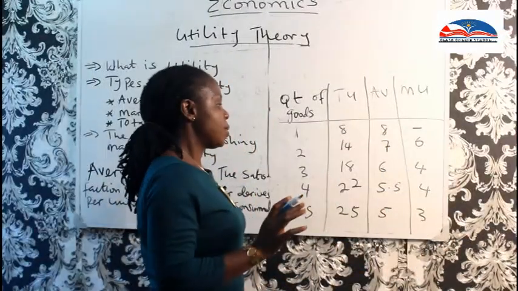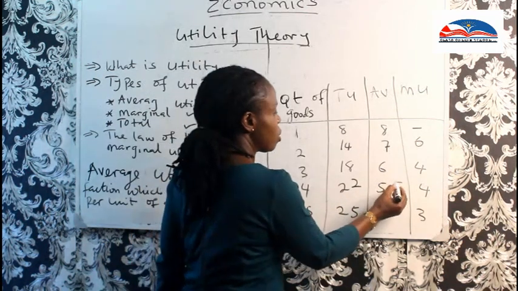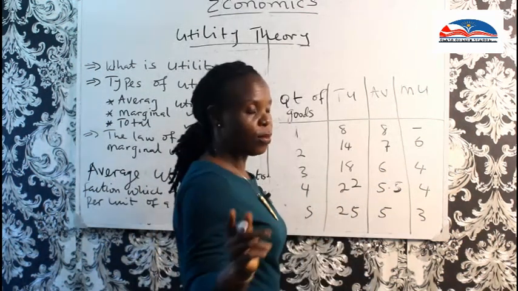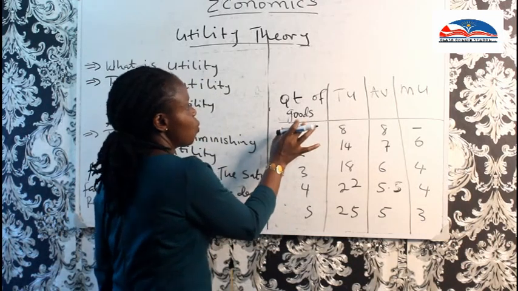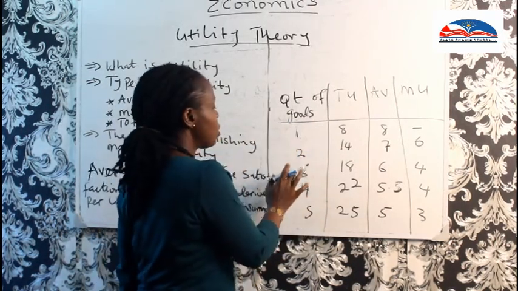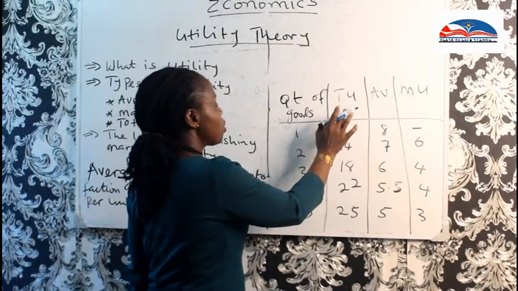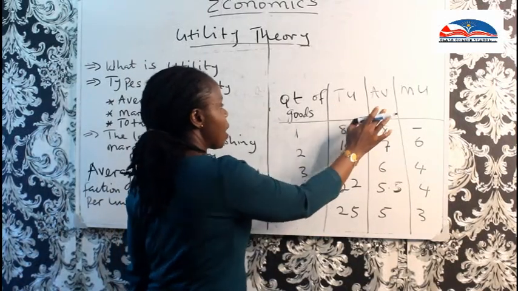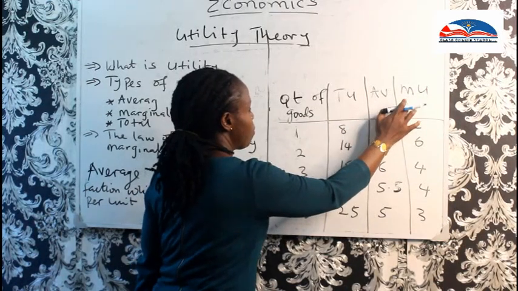Now let's look at this pictorial illustration to calculate what we have discussed. This is your quantity of goods. They've told us that we have 1, 2, 3, 4, 5. This is our total units. This is our average unit. This is our marginal unit.